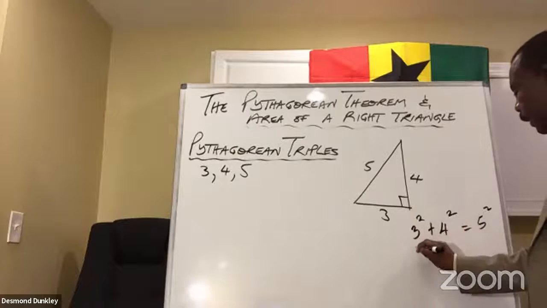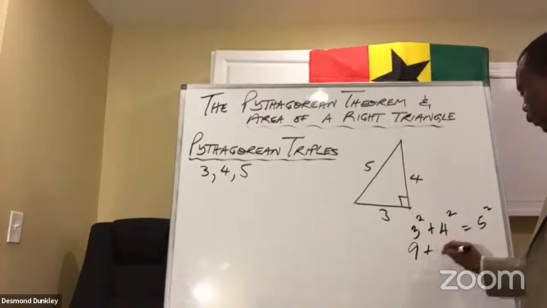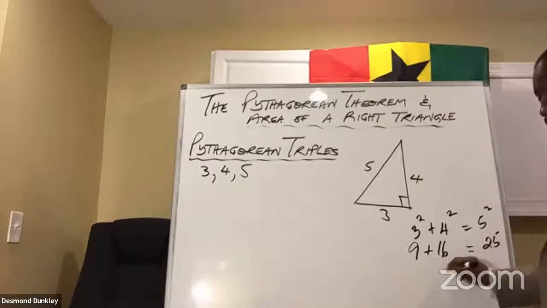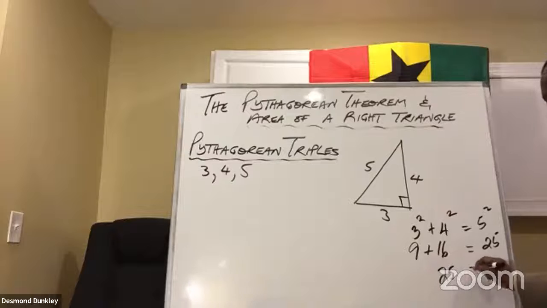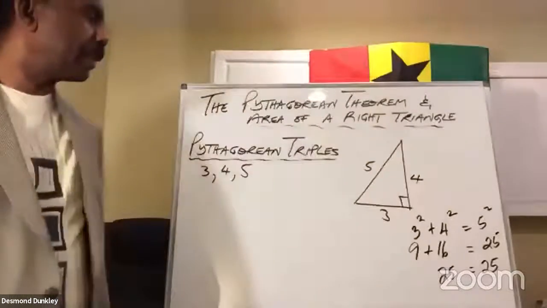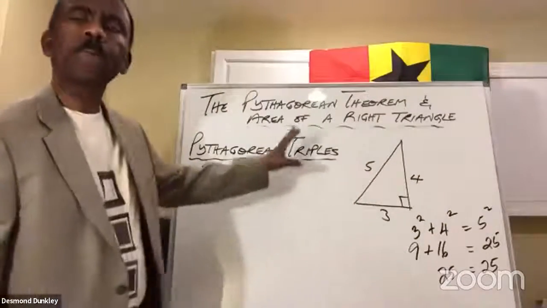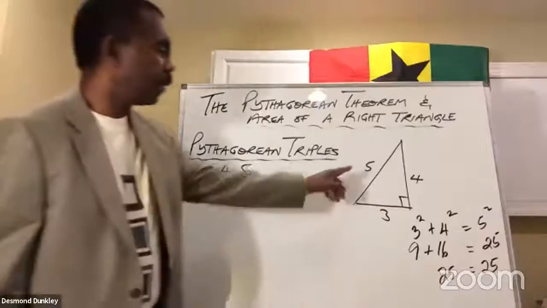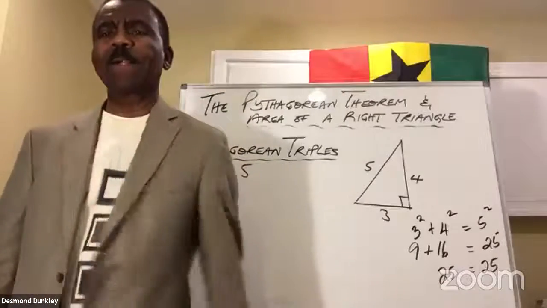Well, 3 squared is 9. 4 squared is 16. Is that equal to 25? 9 plus 16 is 25. Yes. So 3, 4, 5 is a Pythagorean triple. The three numbers will form a right triangle.